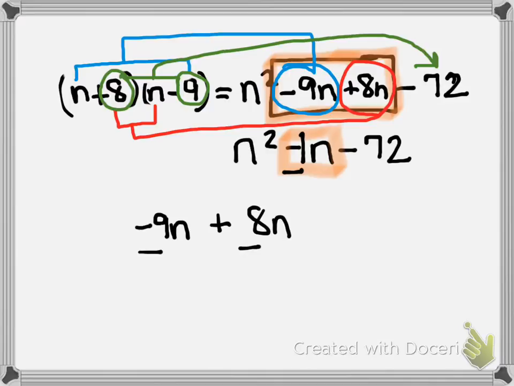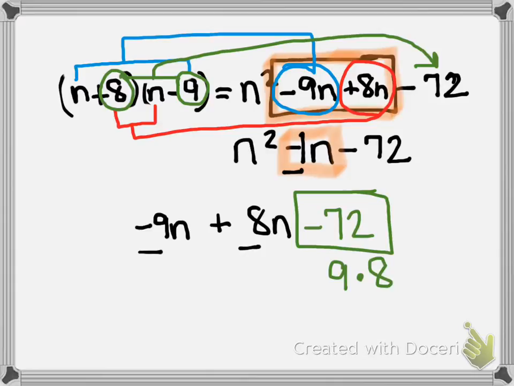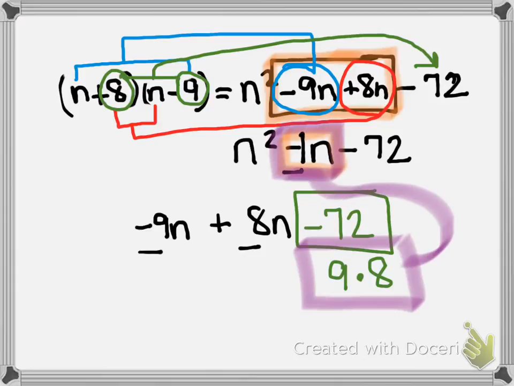So the constant on the end has a relationship to the two middle terms. The factors of 72, the 9 and the 8, also contribute to our middle term, because 8 minus 9 combined to give us a negative 1n.